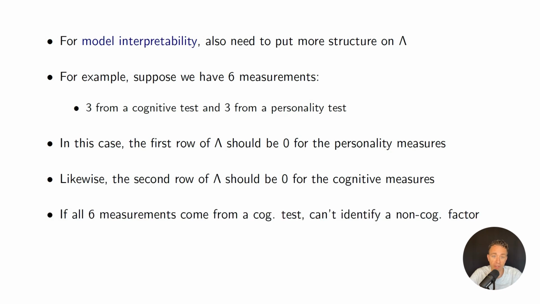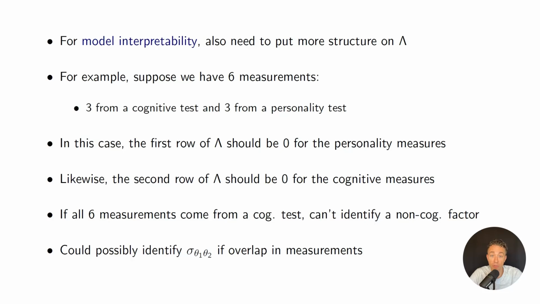So if we only had cognitive test scores, then we shouldn't try to estimate a factor that has to do with non-cognitive skills. And if we do have sufficient overlap in some of the measurements, it could be possible to identify covariances between the factors, but that's something that's problem specific and not something that we could do generally.